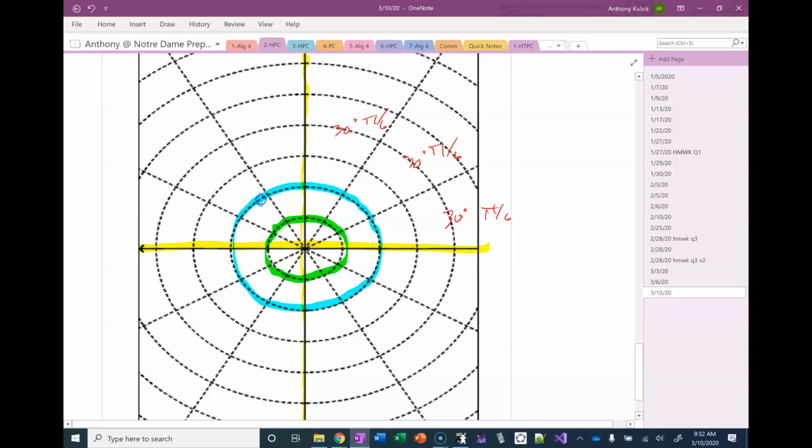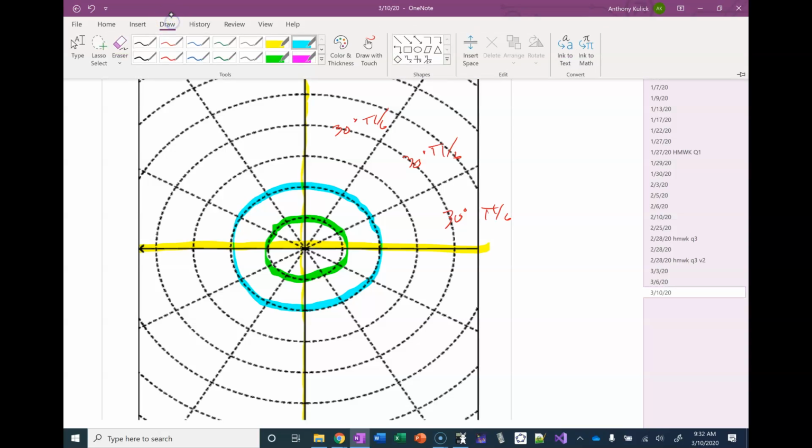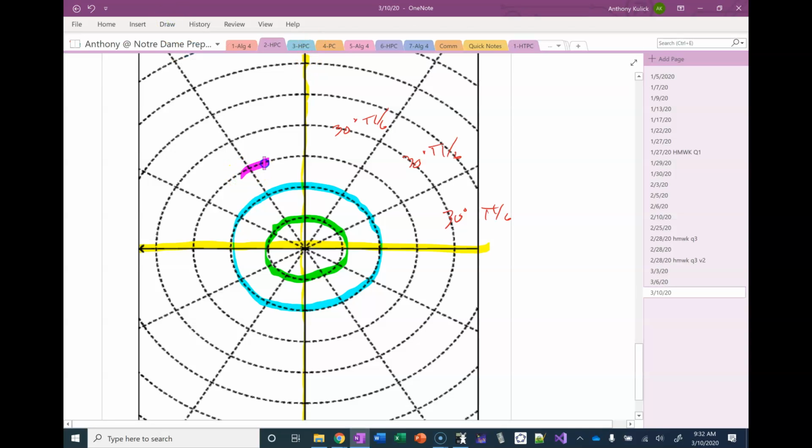The next circle is like a 2-unit circle. So the radius there would be 2 instead of 1. This next circle is like a 3-unit circle.